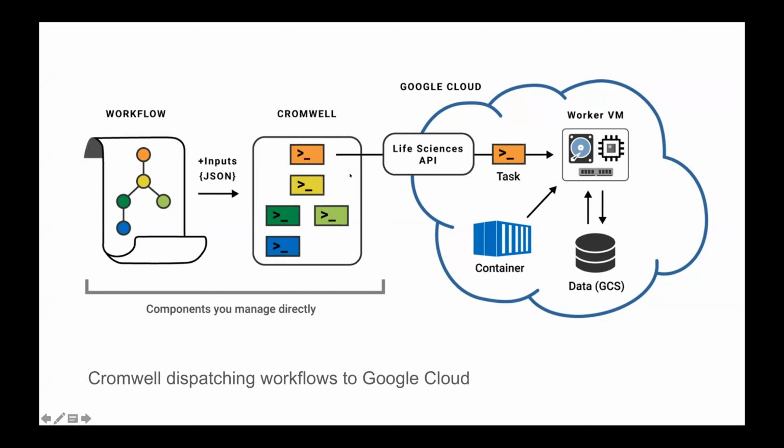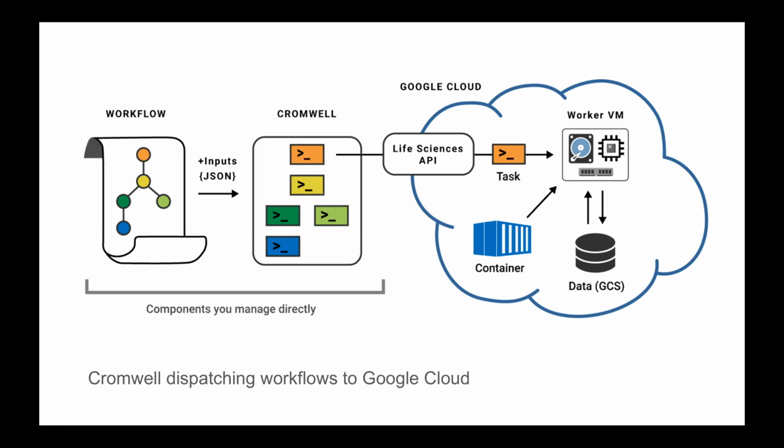Cromwell will then send that to the Pipelines API, a managed service run by Google, and that will orchestrate the execution of each task on its own worker virtual machine. So that's how Cromwell works when you're running your workflows on Google Cloud via the Pipelines API.